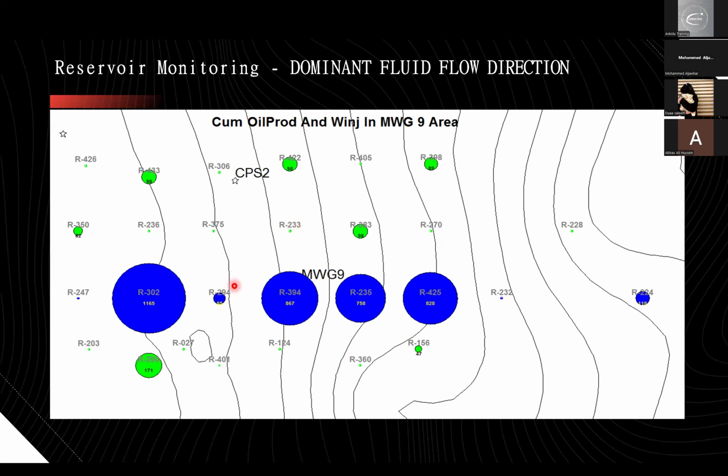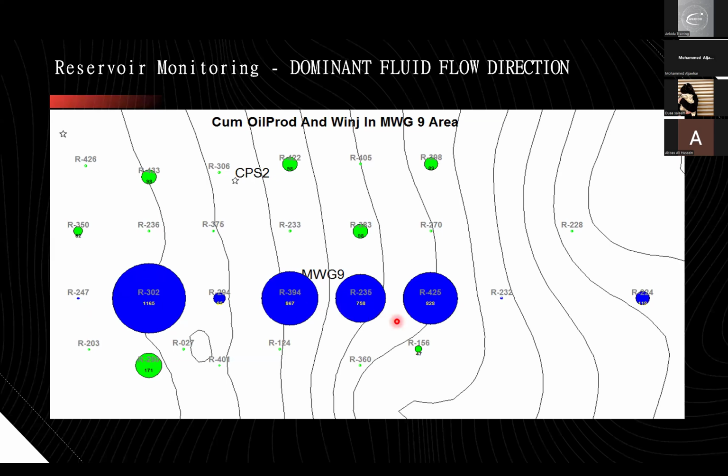If we calculate, the flow meters can suggest how many barrels we inject inside our reservoir. So some wells have a good performance, some don't, and for some wells we cannot see anything.